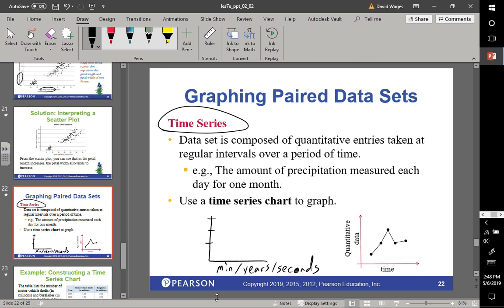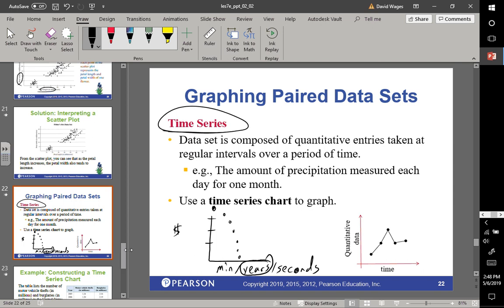So if this was looking at a stock market, the horizontal component might be years, and then this might be the value of the stock at each different year. If we were looking at an object falling off the top of a roof, dropping off of a building, it might be the object's height at different times in seconds. Those are still just scatter diagrams, but since the horizontal component is a time, they call it a time series. But it's the same type of deal.